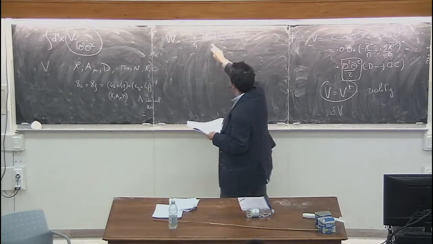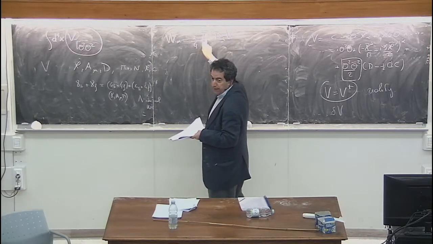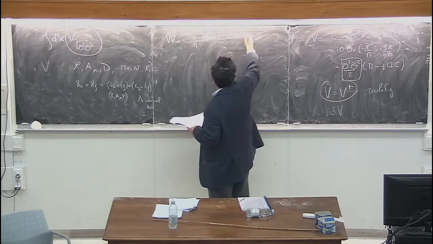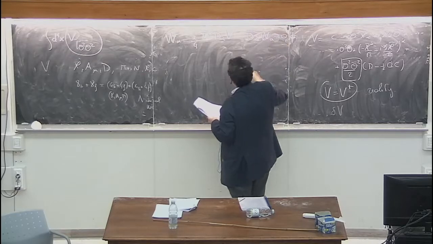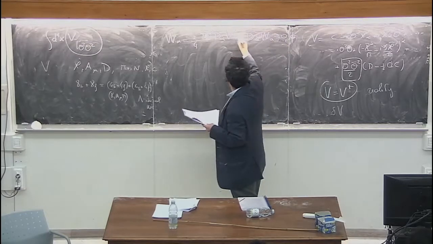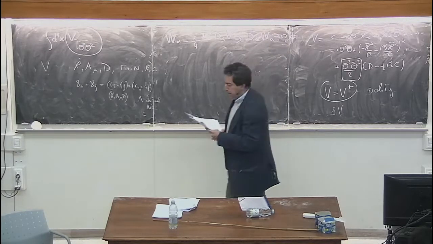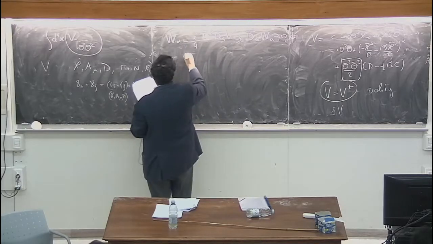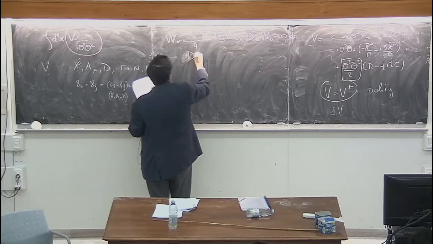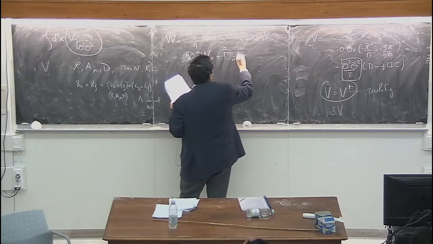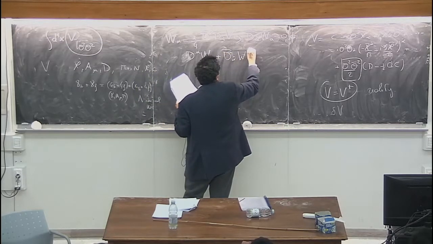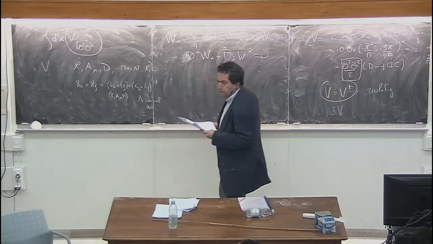And you can easily see, because there's a D squared here, that D bar_alpha dot W_alpha is equal to 0. Okay? You can compute directly. Also these properties hold. Okay? Also these properties hold.